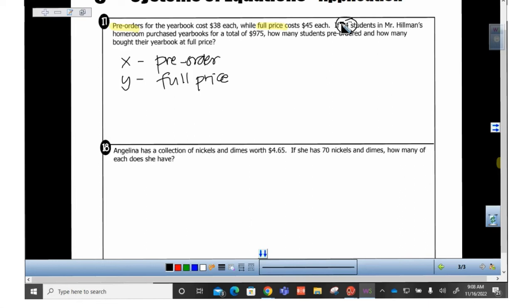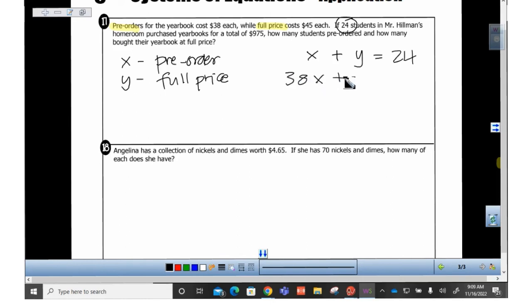So our first equation is X, that is your pre-order, plus Y, the full price, equals how many students? There are 24. Now the pre-orders cost $38 each, so we'll have 38X plus the full price is $45 each, so we will have 38X plus 45Y.